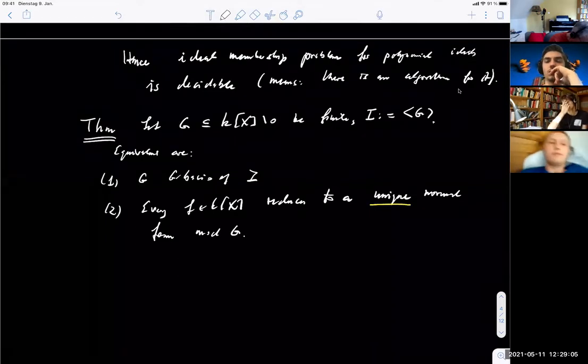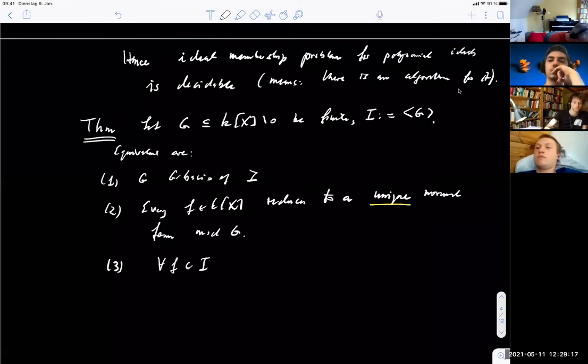Okay. So actually, we learned that this characterizes Gröbner bases. The third property means for all f in I, we can reduce f to 0 mod G in several steps. And I have a last one. Maybe this is a little bit pedantic, but why not?